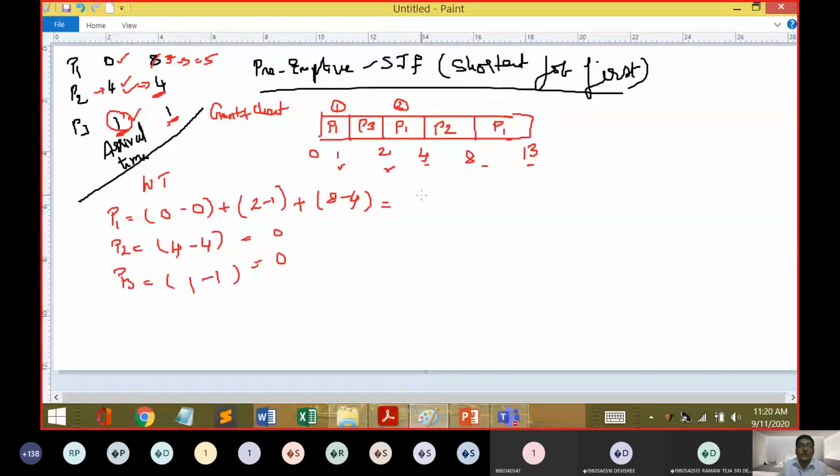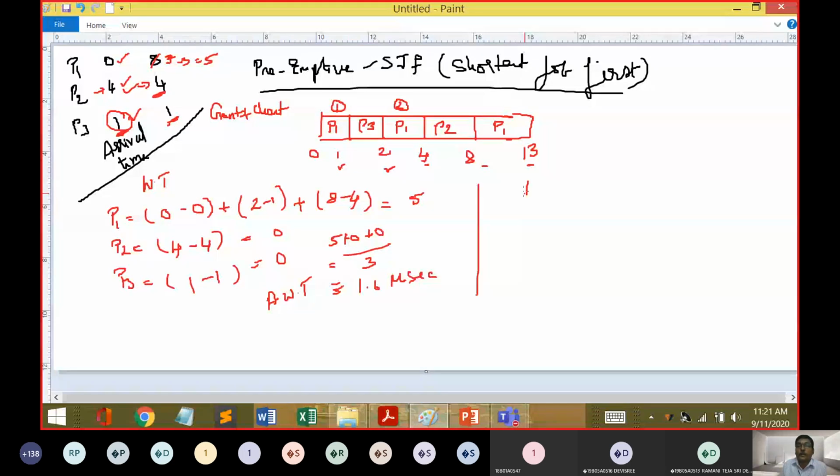So 5 plus 0 by 3 gives the average waiting time. What is the value? It is 1.7, or 1.6, so 1.65 milliseconds or so.